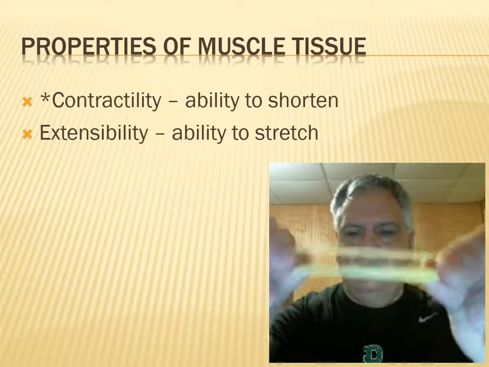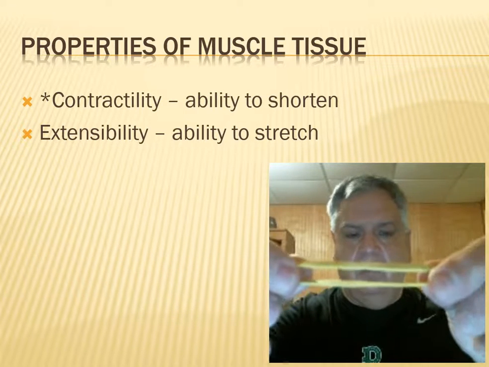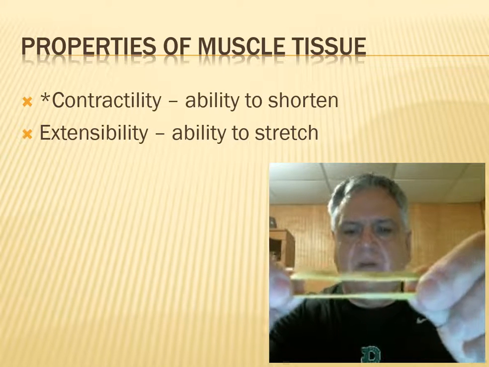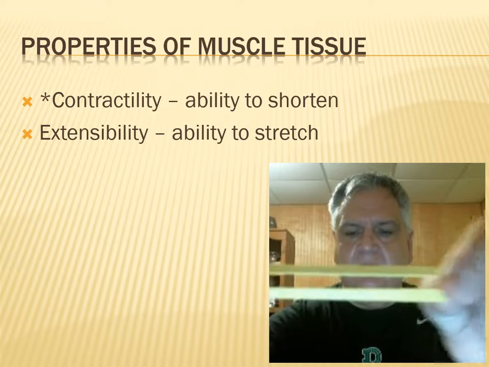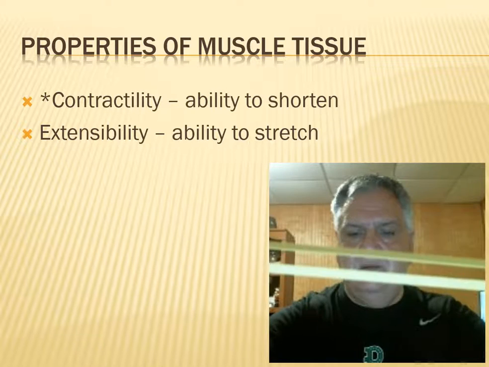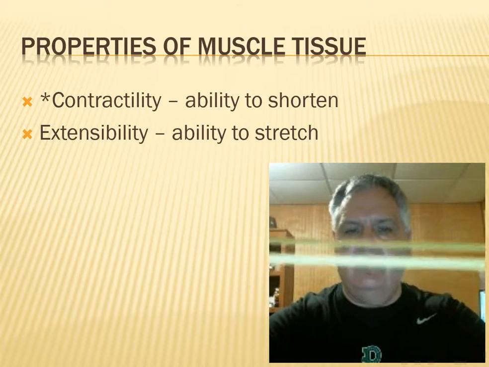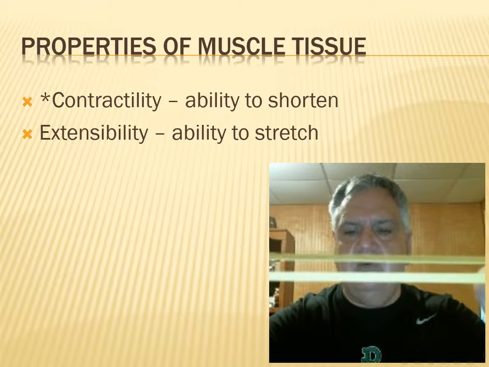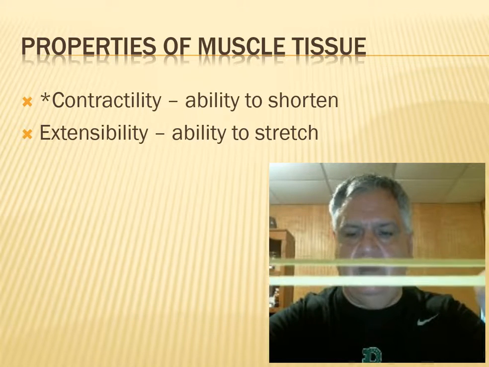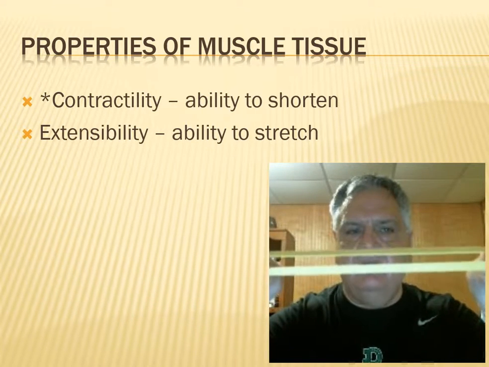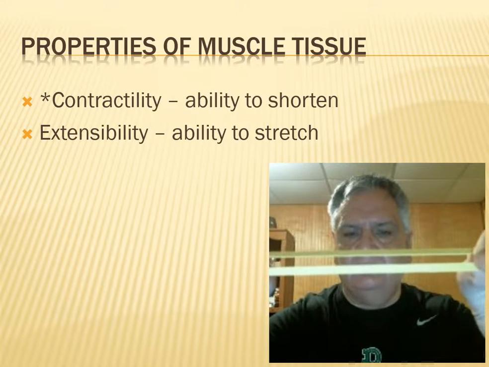Right there. So you take a look at this rubber band, also called an elastic band. One of the things we know is the property of this is it has the ability to stretch like this. I can stretch it out. So the rubber band is extensible. Muscle tissue can be stretched just like this rubber band can, so it also has that property of being extensible.